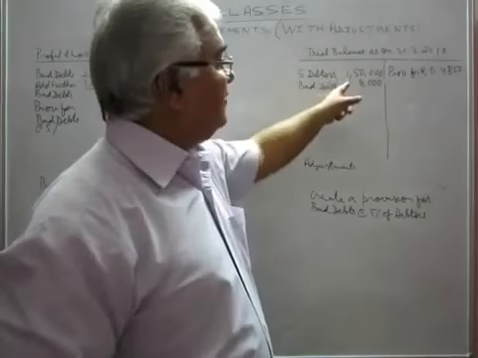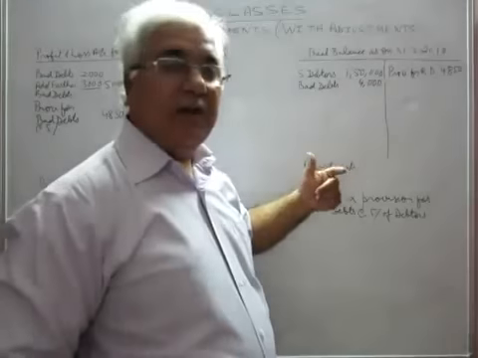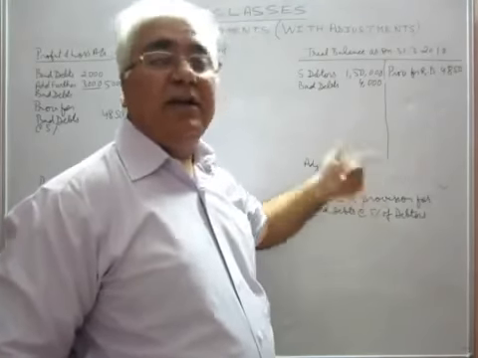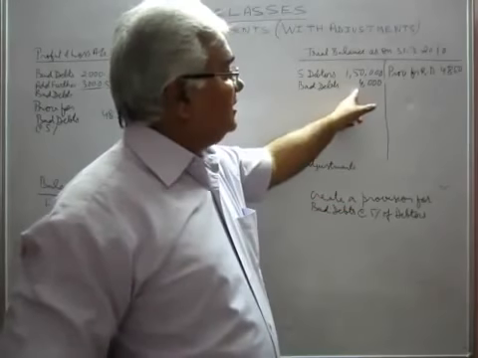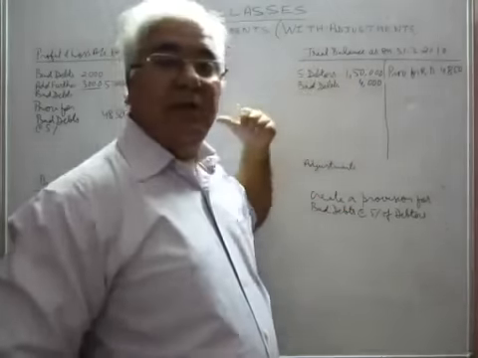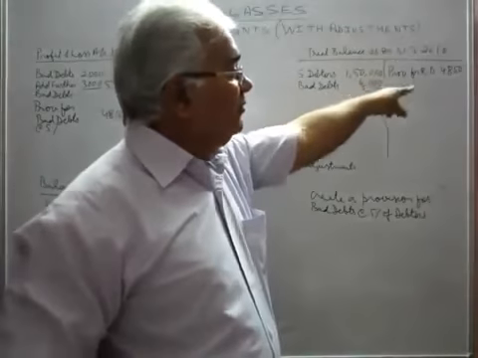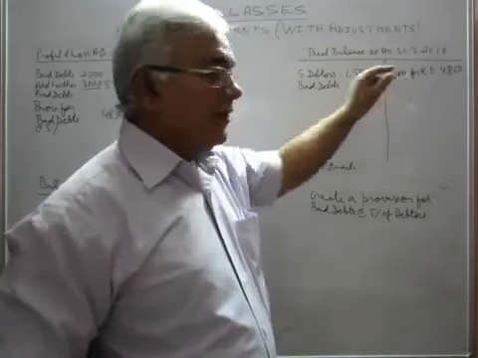So 5% of 1,50,000 will be how much? It will be 7,500. So 7,500 is the provision required for next year. But these amount of bad debts will not be transferred to profit and loss account this year. Rather, they will be written off to provision for bad debt account, 4,850.